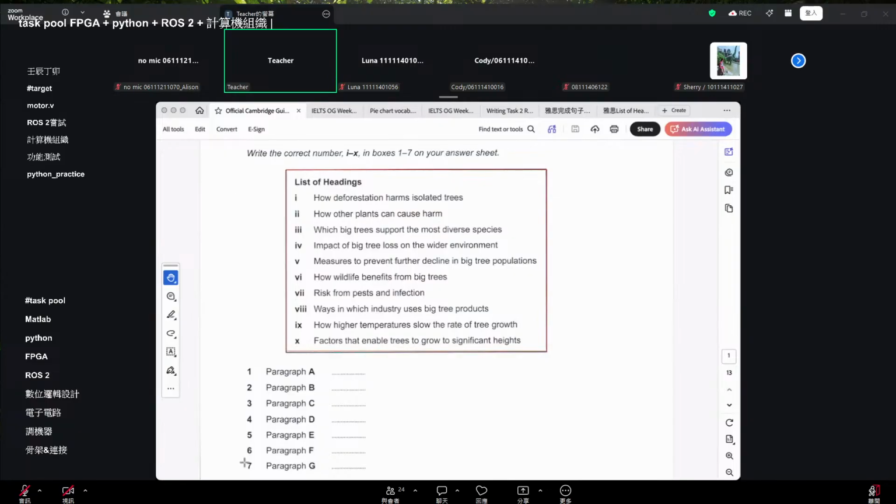We have to choose just from 1 to 7, and they literally have 10. So there are 3 extra. We have to eliminate the unnecessary 3.